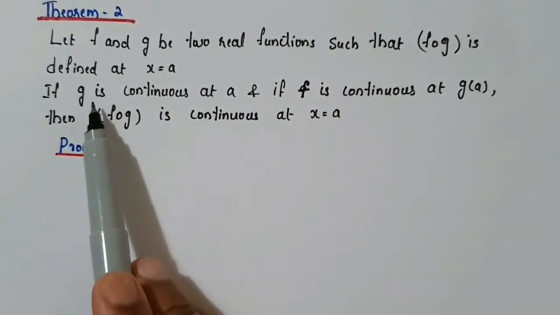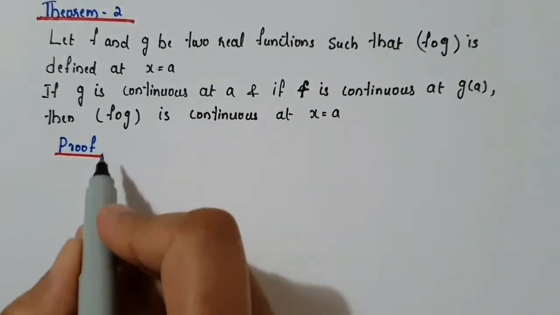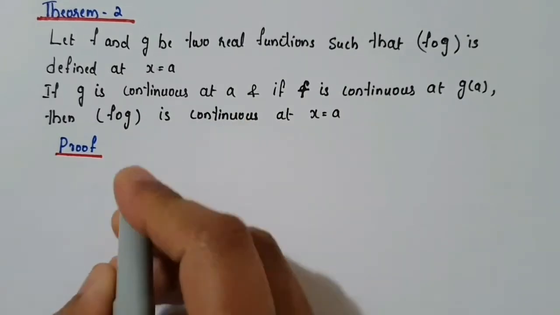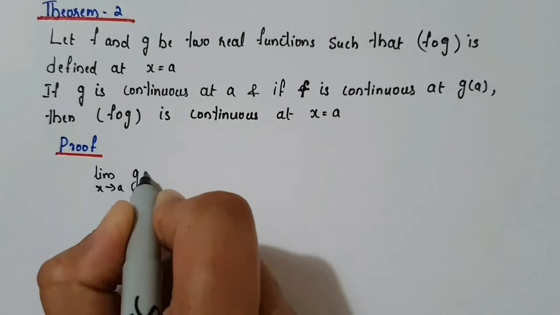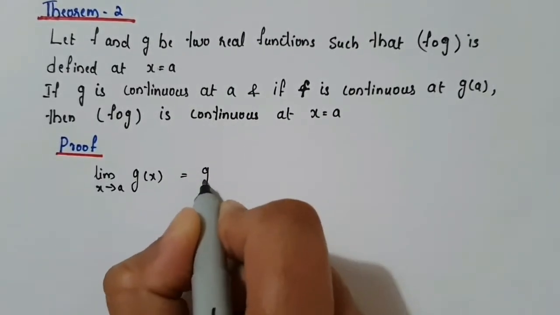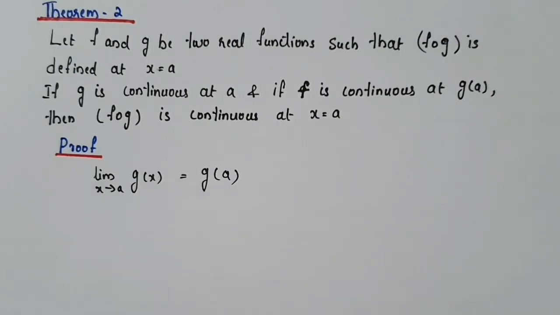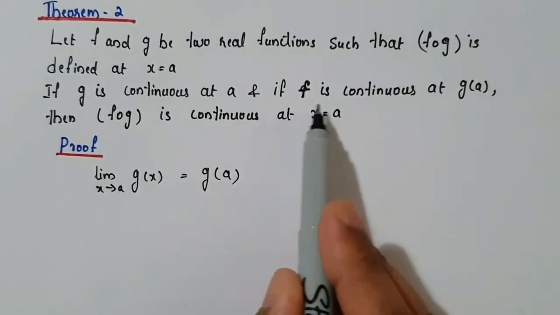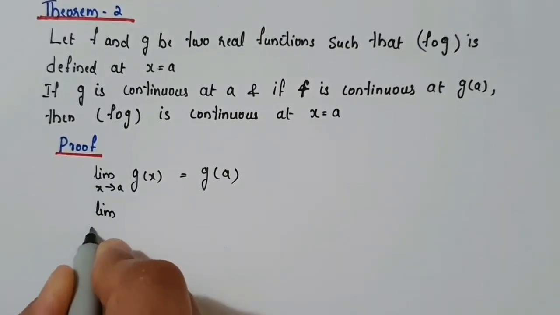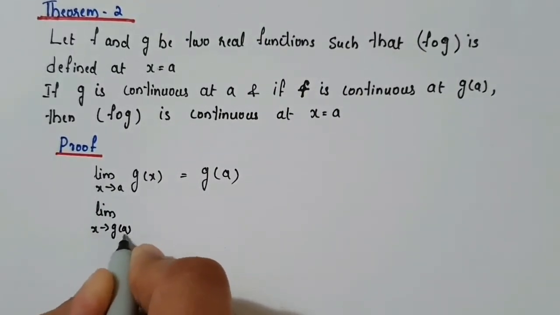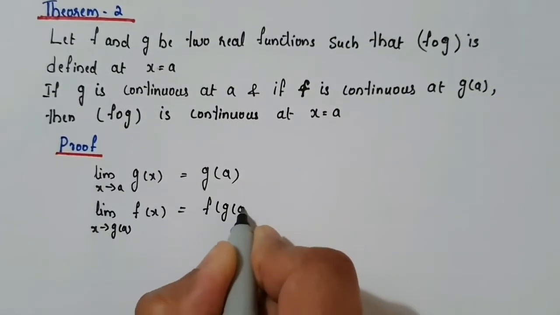Given g is continuous at a, which means that limit x tends to a of g of x is equal to g of a. Limit of the function is equal to the value of the function at that point. And f is continuous at g of a, that is limit x tends to g of a of f of x is equal to f of g of a.